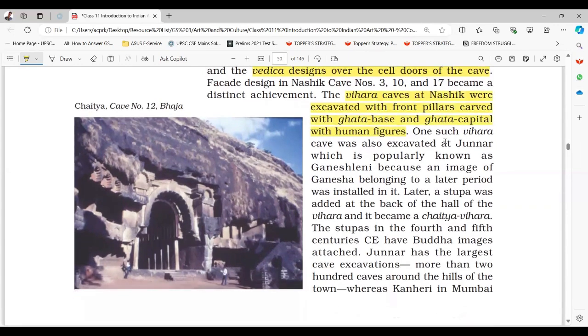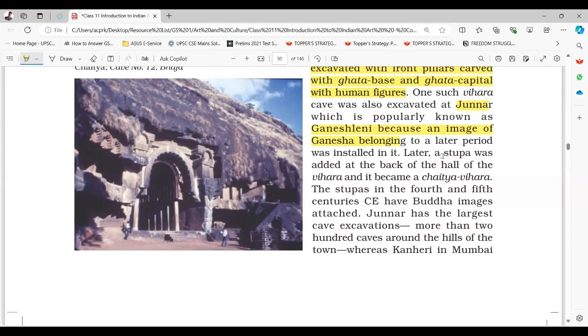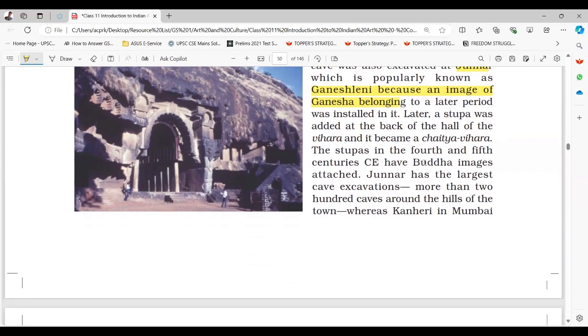One such Vihara cave was also excavated at Junnar, which is popularly known as Ganesh Leni, because an image of Ganesha belonging to a later period was installed in it. Later, a stupa was added at the back of the hall of the vihara, and it became a Chaitya Vihara. The stupas in the 4th and 5th centuries CE have Buddha images attached.